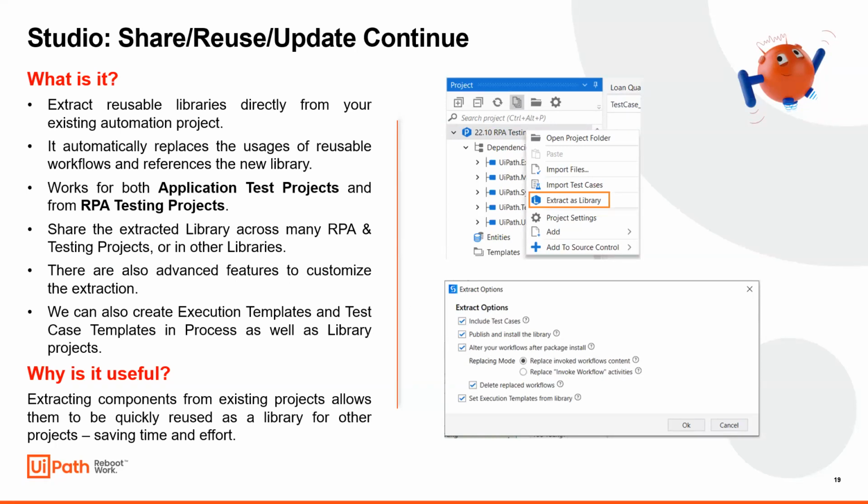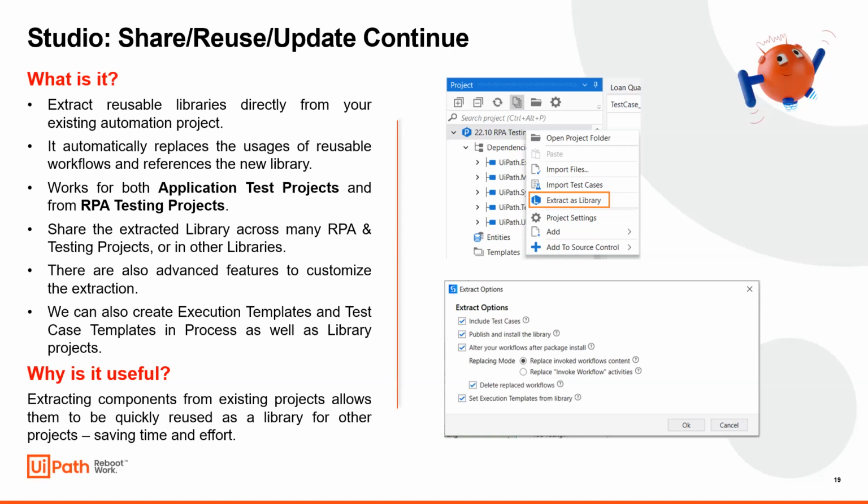So if you started off your automation program just building individual automations, not really doing the whole sharing and reusing piece of it with things like UI libraries or activity libraries, this is going to help you get to that stage more quickly.